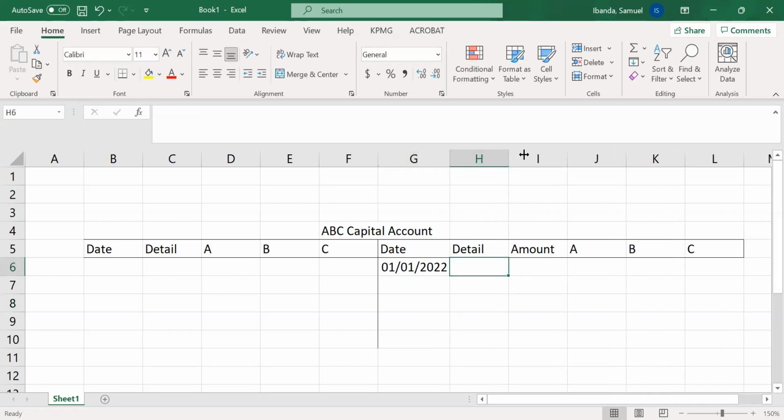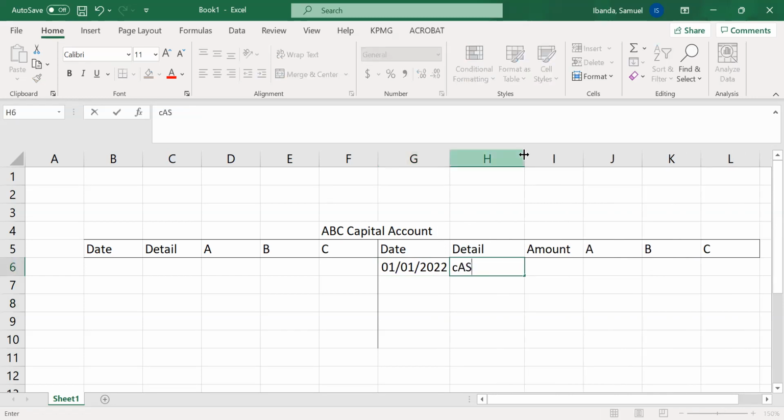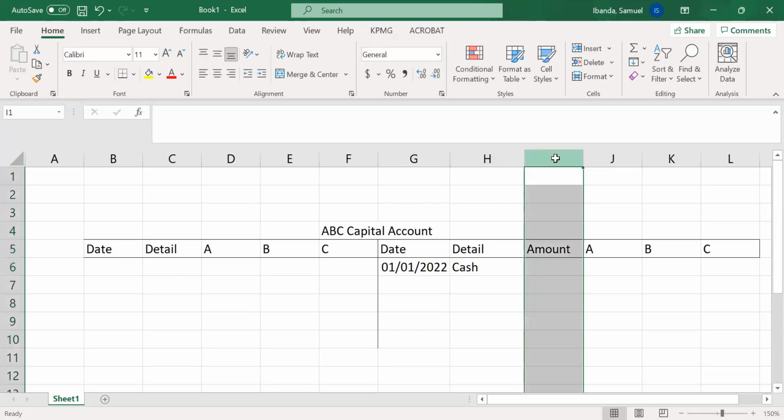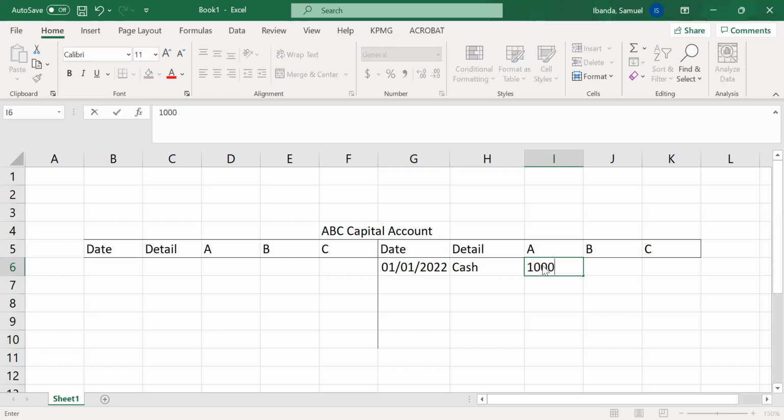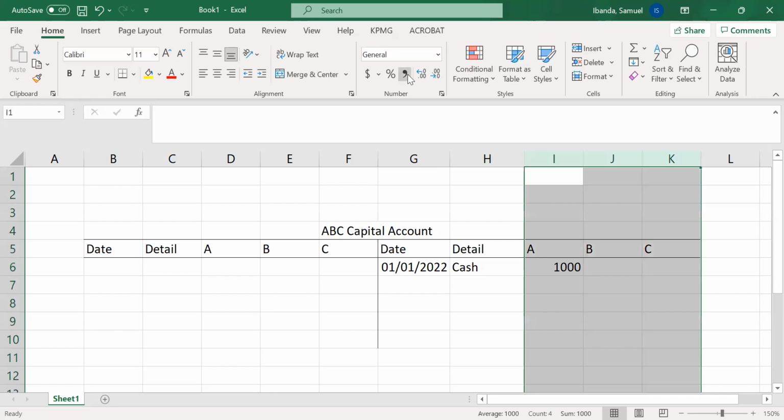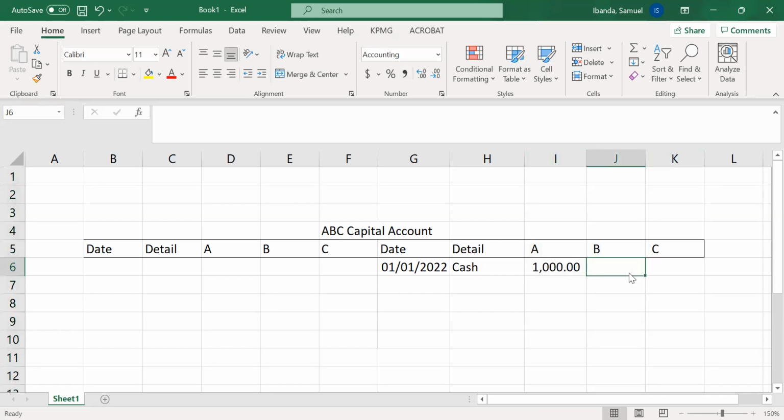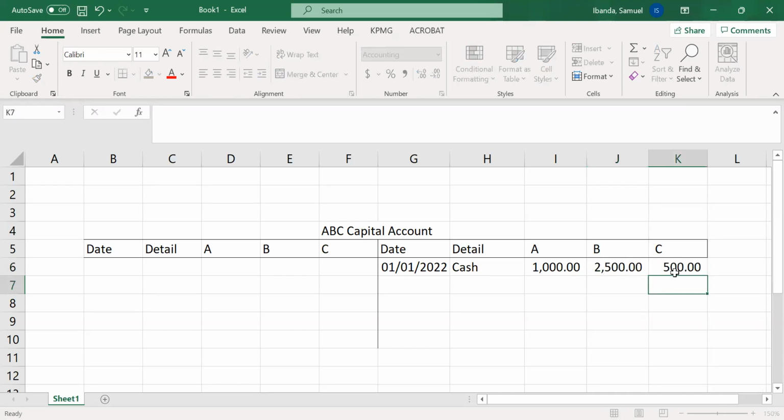These partners might contribute money through cash, so we write cash. I'll remove this column because now the partners will have their amounts in individual columns. Partner A can contribute, let's say, $1,000, another partner can contribute $2,500, and maybe another partner can contribute $500.